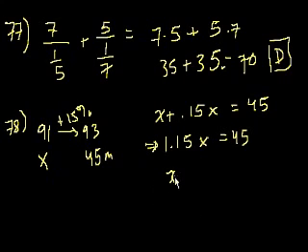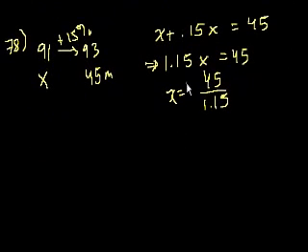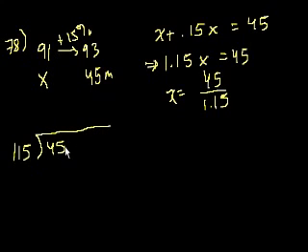So x is equal to 45 divided by 1.15. And we're going to have to do a little bit of division to figure this out. 1.15 divided by 45, add a couple of zeros.